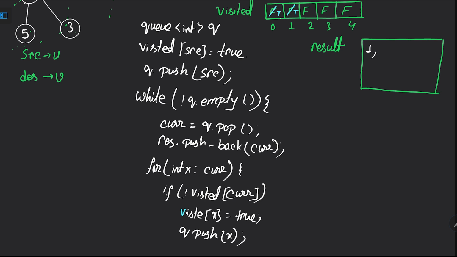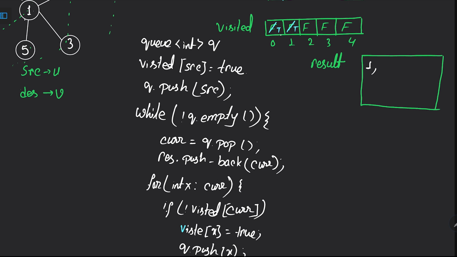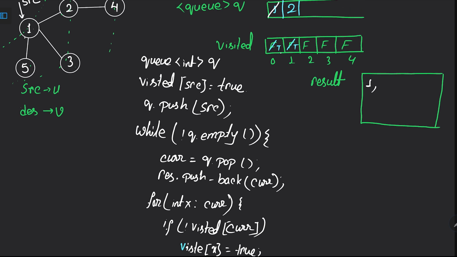If not visited, first it will make it true, and then it will push back in q. Also 3, for 3 it will be true, and then it will push back 3. Also for 5 it will make true, and it will push back here.